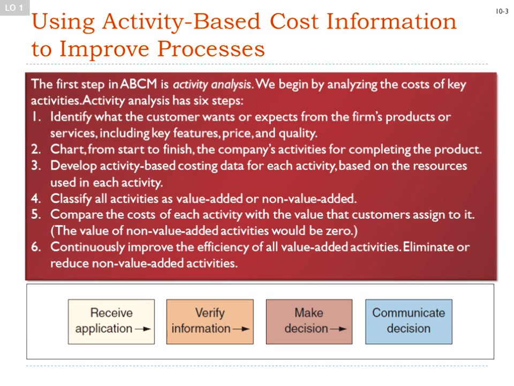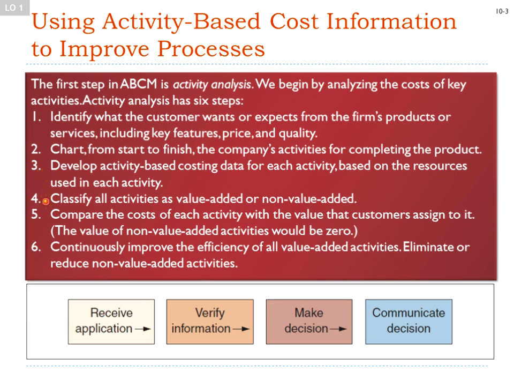So the first one is you identify what the customer wants or expects from the firm's products. Then you chart out the entire process that the product goes through. You develop ABC data for each activity based on the resources in each activity.